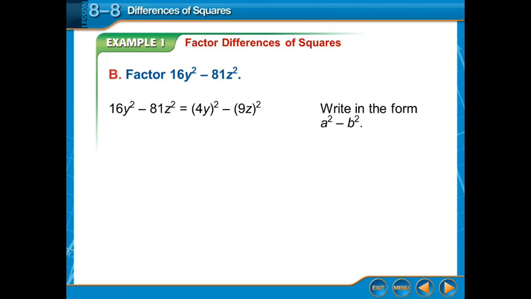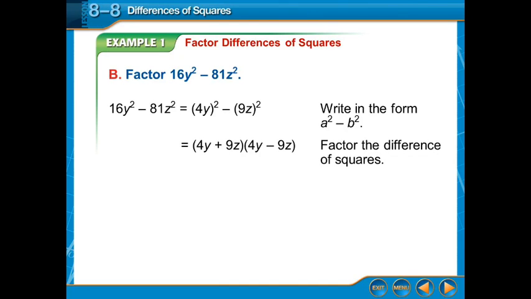You want to make sure you can either write it in the form of a squared minus b squared, or you can simply ask yourself, what's the square root of 16y squared? Well, that would be 4y. And what's the square root of 81z squared? That would be 9z. And so you would have 4y plus 9z, 4y minus 9z.